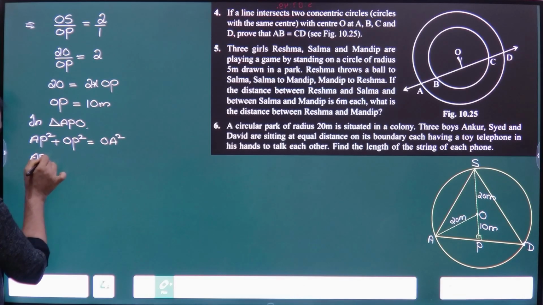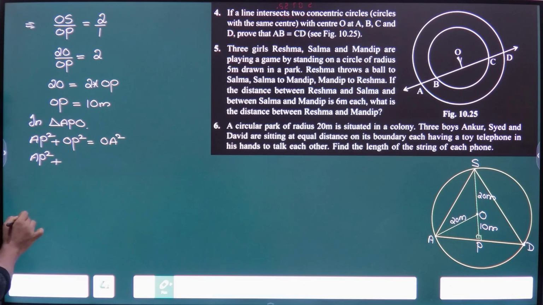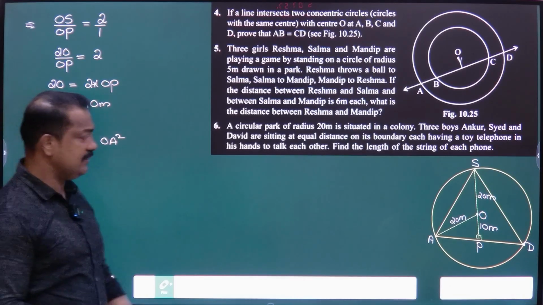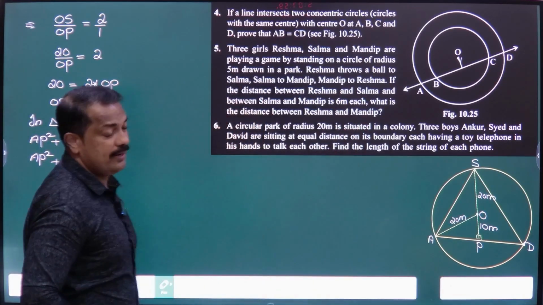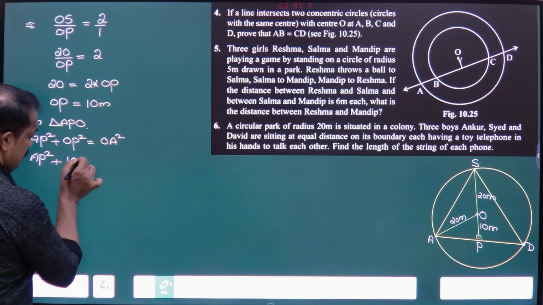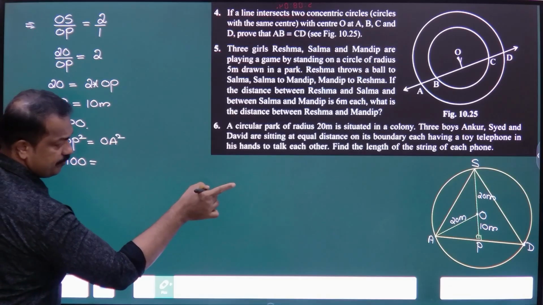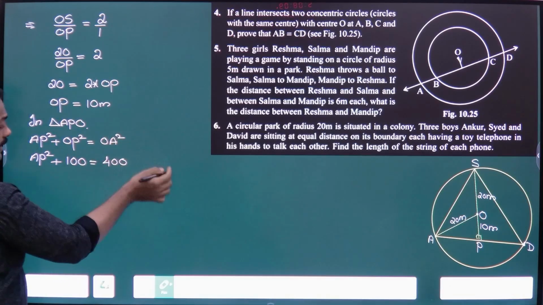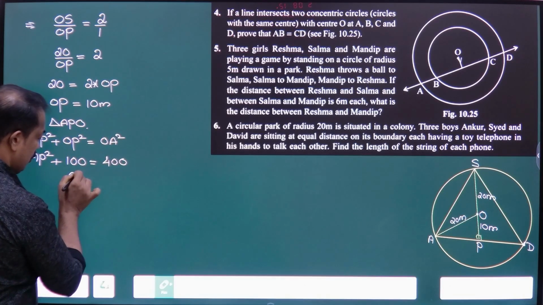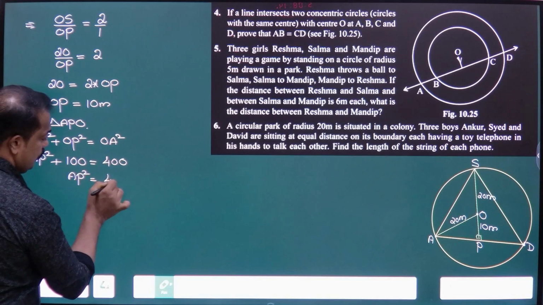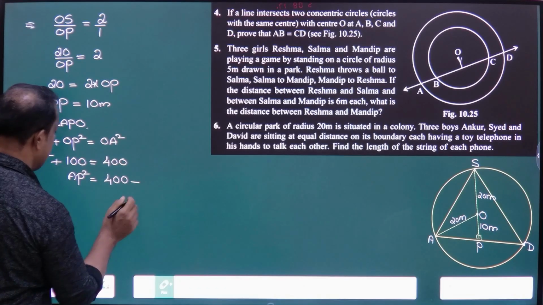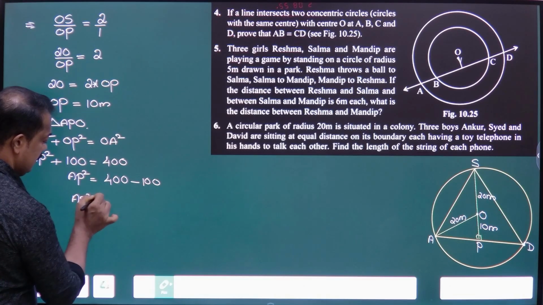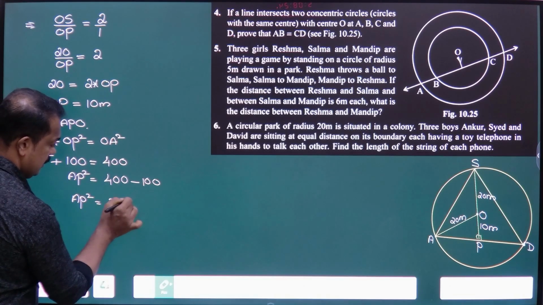AP squared plus, OP is equal to 10, 10 square, 100, is equal to OA 20, 20 square. Now shift 100 to the right hand side. AP square is equal to 400 minus 100. So AP square is equal to 300.